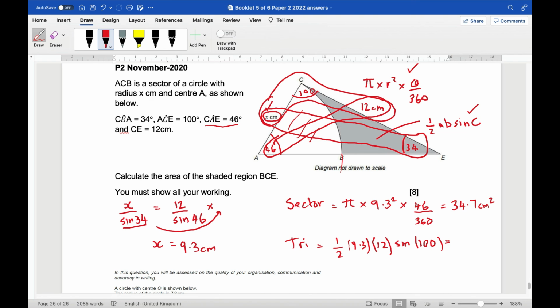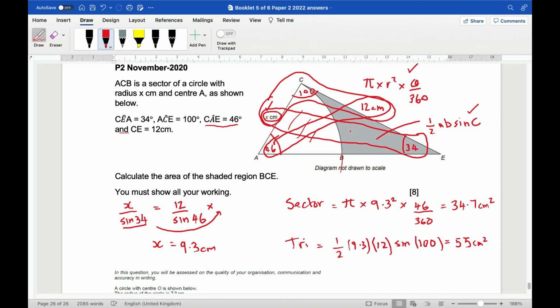Again, I've started, so I'll finish. 1 over 2, that's a half, times 9.3 in brackets, then in the next set of brackets, 12, and then sine, and in the final bracket, 100, close brackets, equals 54.95, but if I round that to 1 decimal place, it actually just becomes 55.